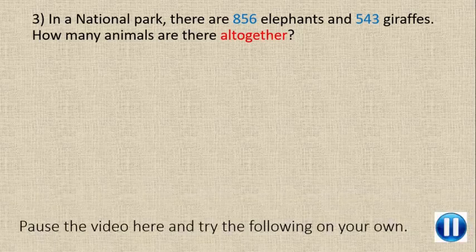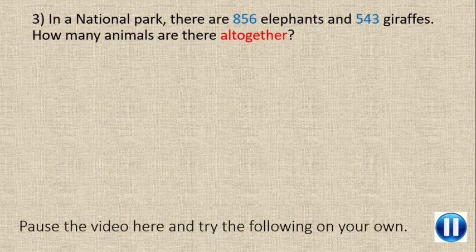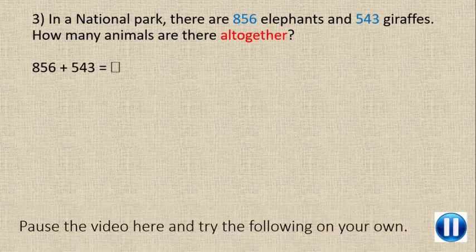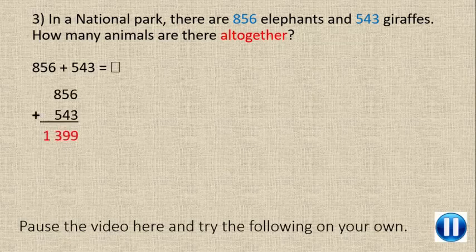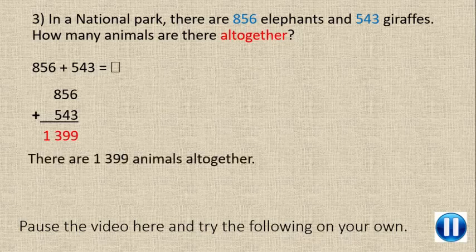So 856 and 543, and our question is asking altogether, so we need to add. So here's our number sentence. 856 plus 543 equals answer block. Let's do our addition sum, and we find our answer to be 1,399. So our answer sentence, there are 1,399 animals altogether.